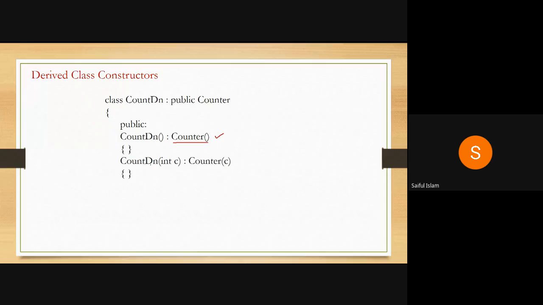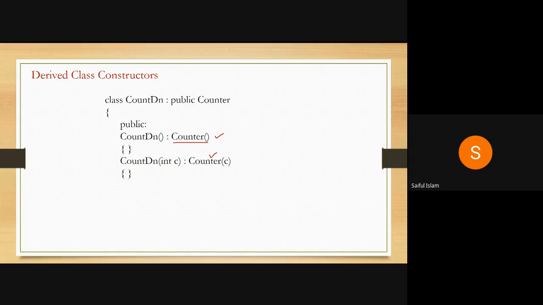Next is countdown with integer C. So it's a one argument constructor. Here again I am using counter C. So if you look at this one, counter without argument, counter with argument. So it is a one argument constructor of a base class.